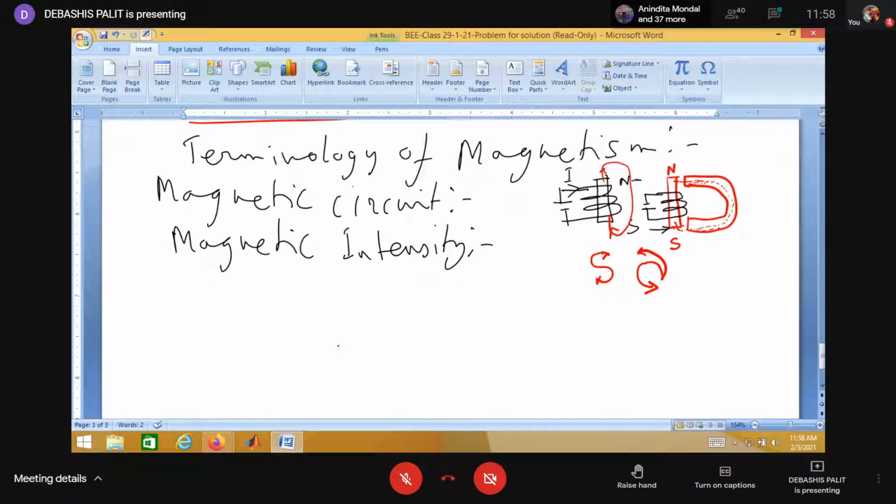If there is a unit north pole, a virtual pole adjacent to the magnet, the force which is acting on this unit north pole is your magnetic intensity.